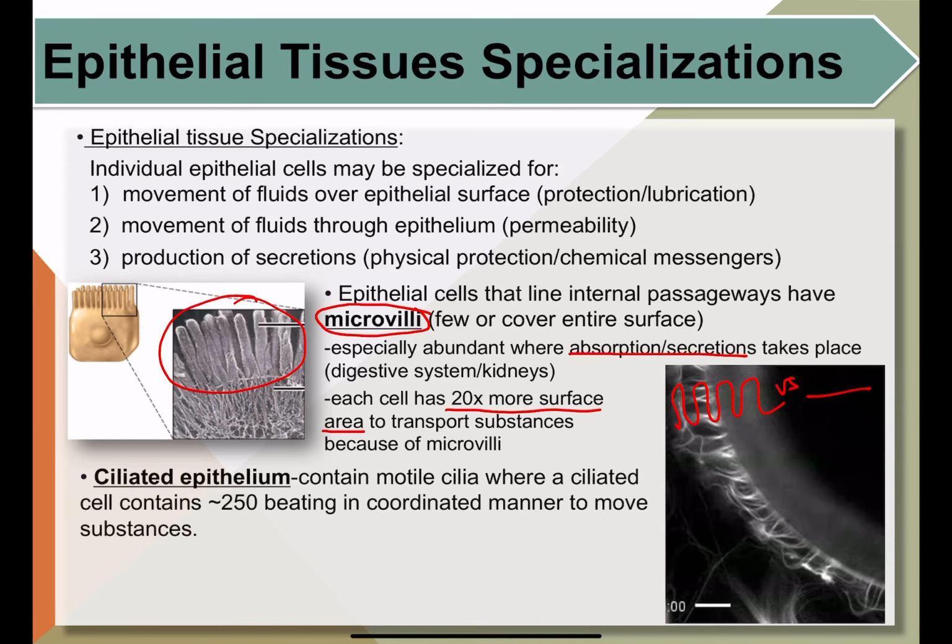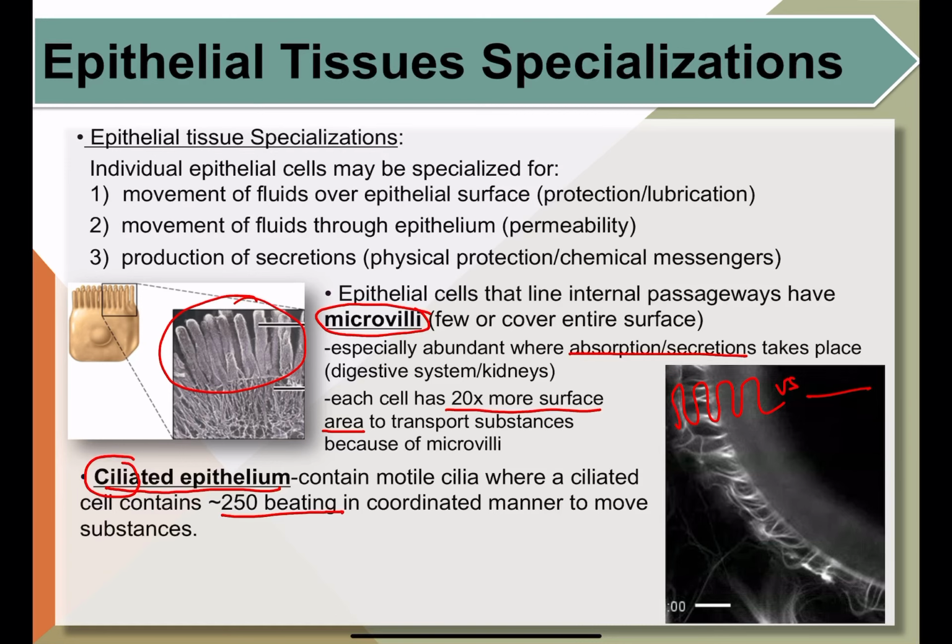Now, the other special feature we talked about being on the apical side of the cell is cilia. When an epithelium has cilia on it, sometimes we call it a ciliated epithelium. One cell can actually have about 250 cilia that beat in one direction.